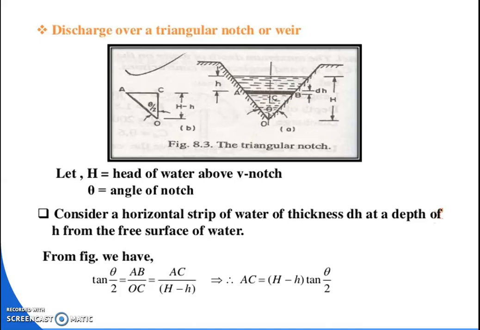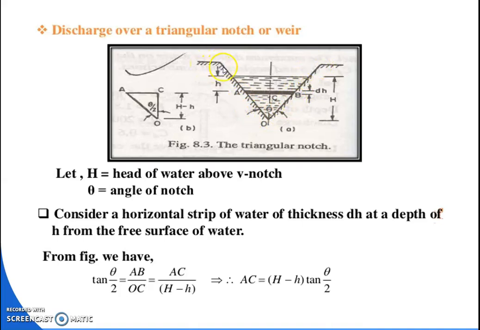From the front view, we have a triangular section, or a V-shaped opening. That may be a concrete structure, or a metallic plate which is fitted at the end of the open channel.